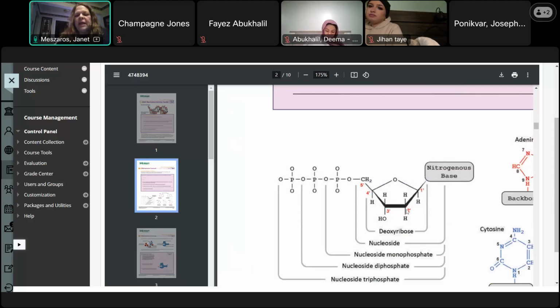The 2' carbon has a hydrogen. The 3' carbon has an OH group. This is called a hydroxyl group, OH. The 4' carbon is going to be attached to the 5' carbon and also a hydrogen. But this 5' carbon is attached to the phosphate group.